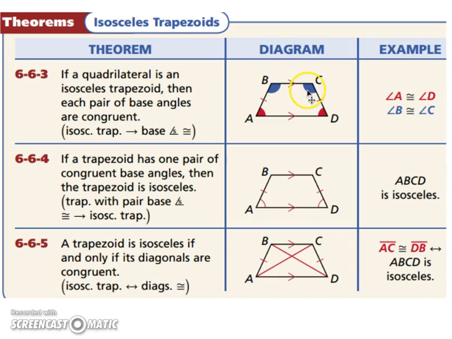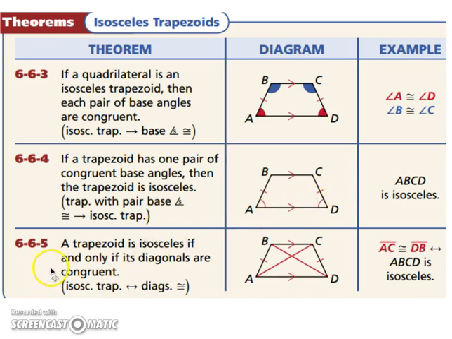Be careful, this only happens if it's in an isosceles trapezoid. If a trapezoid has one pair of congruent base angles, then the trapezoid is isosceles. This is basically the reverse of the one we just read. So, if you have base angles that are congruent, then you know the trapezoid is isosceles.